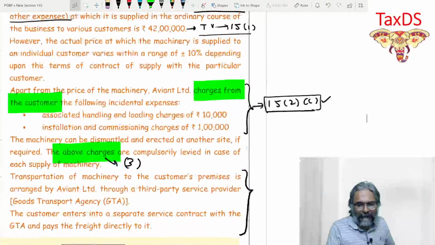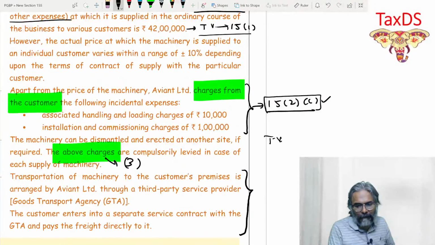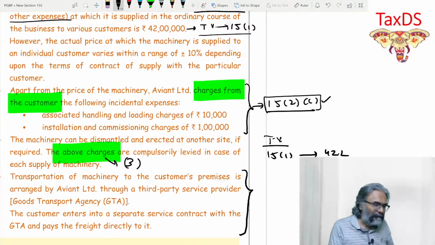Let's see. My transaction value, students, up till now, the position is like this: under 15.1, it is 42 lakhs. 15.2c for the charges, two charges at least I can say, the third we don't know, 1.1 lakh.